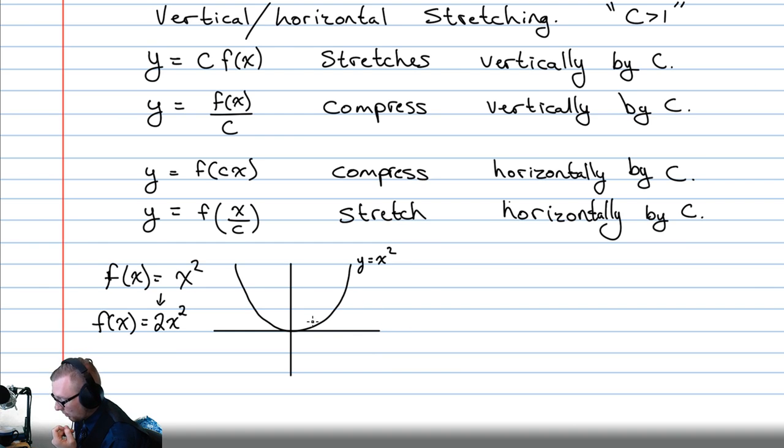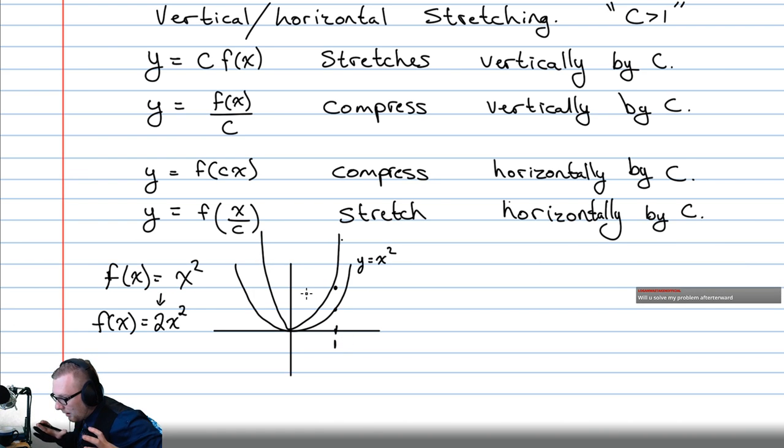So basically, where the function was at 1, you're now taking that value and multiplying it by 2, so it gets pointed up really high. The next value would also be a lot higher. So this stretches it vertically by a factor of 2. So it moves up higher, faster. That's stretching.